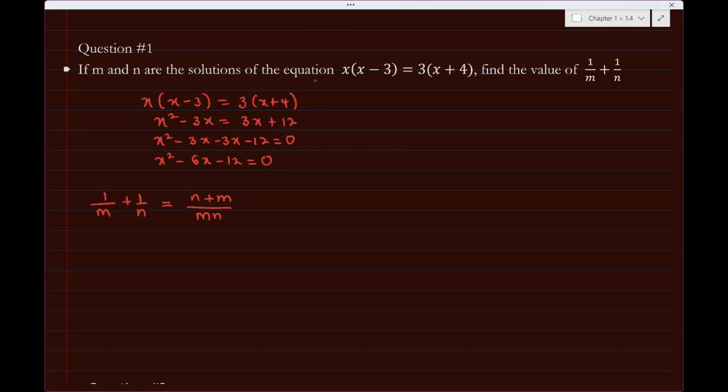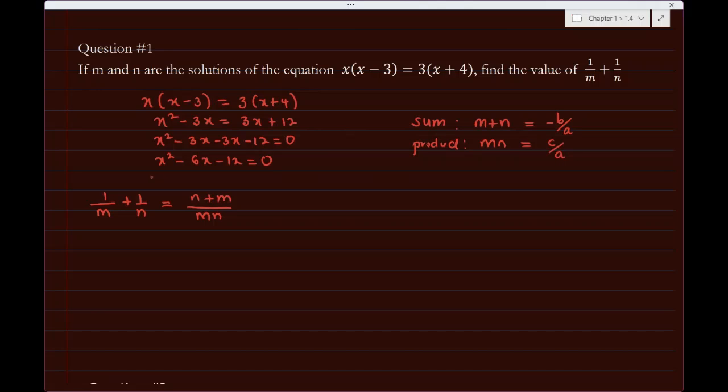Now, what do we know about a quadratic equation? We know that the sum of the solutions, m plus n, is given by the formula minus b over a, while the product mn is given by the formula c over a.